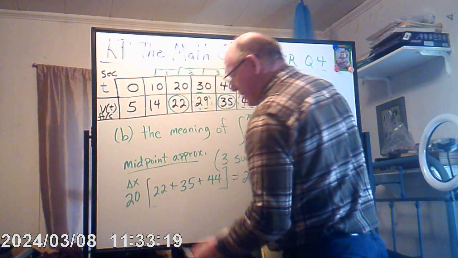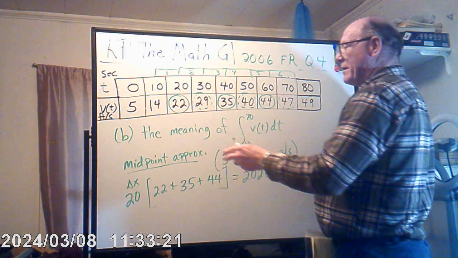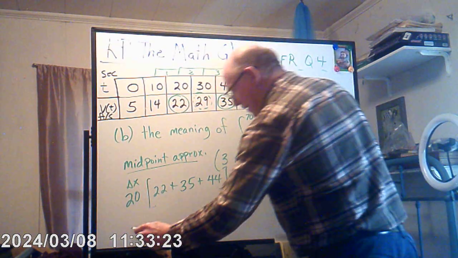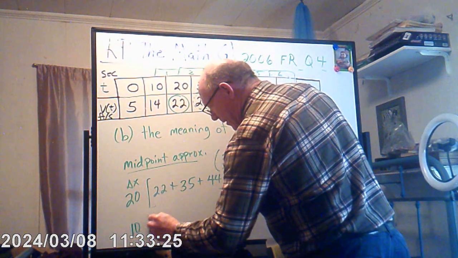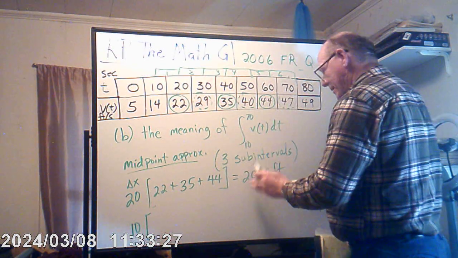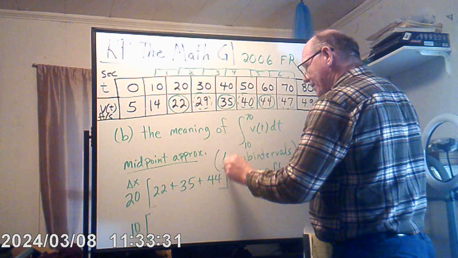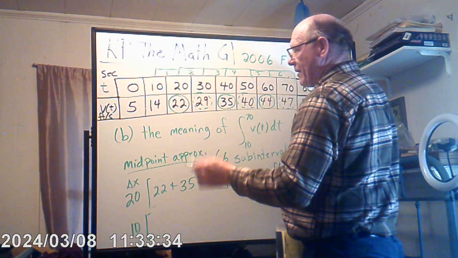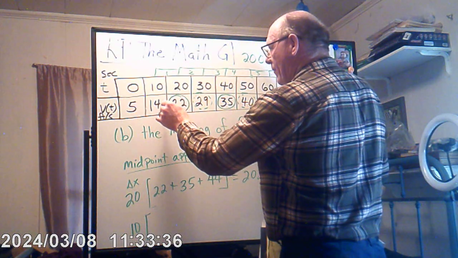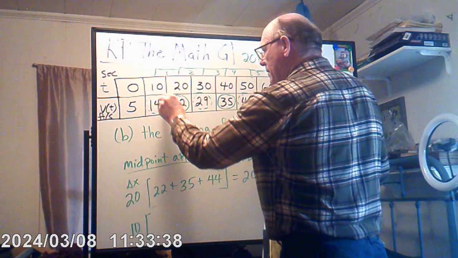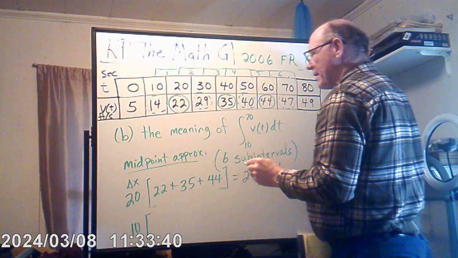Let's say they said trapezoidal, you still would do 10, okay, like this, and probably six subintervals, okay, instead of 3 like we've been doing.